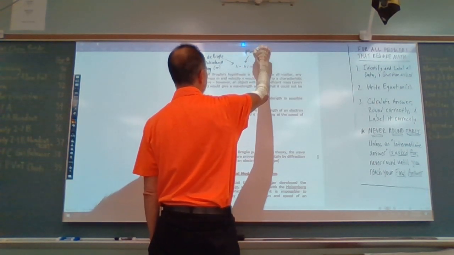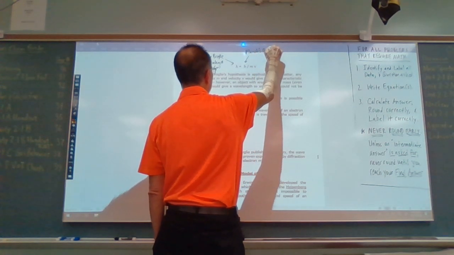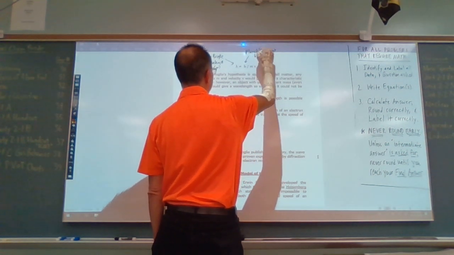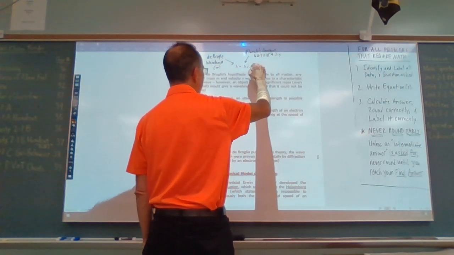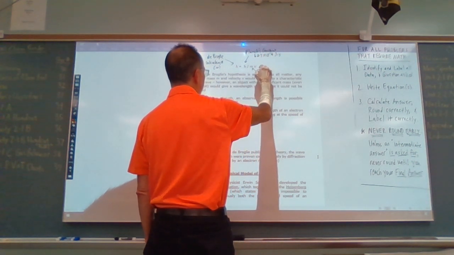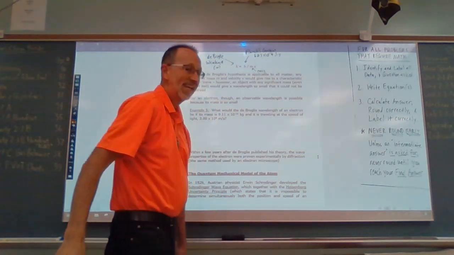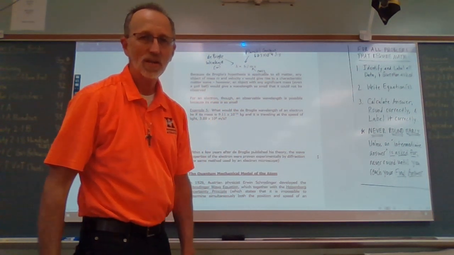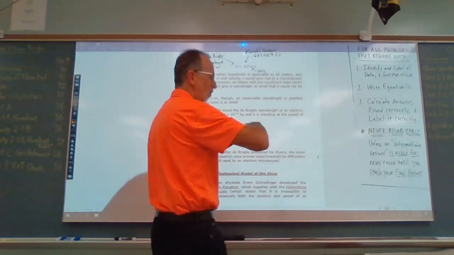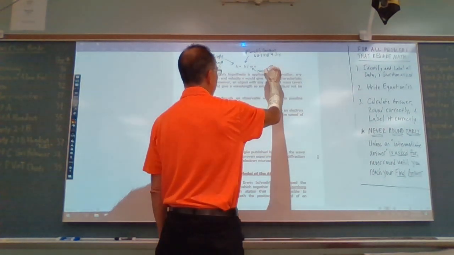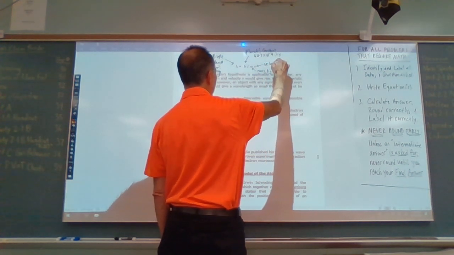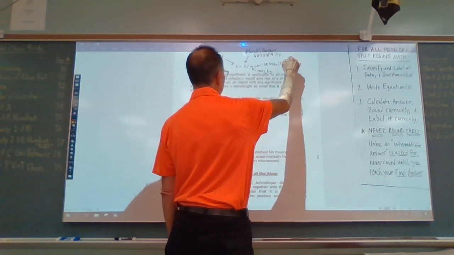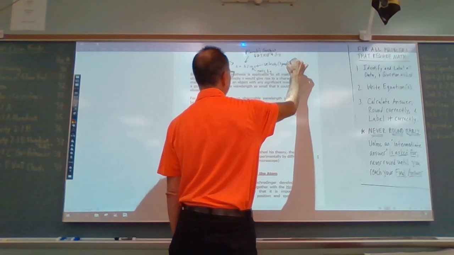We know what that is: 6.63 times 10 to the minus 34 joule seconds. This is our mass, now in kilograms. So this is the SI unit of mass, which must be used here for proper unit analysis. This is our velocity or speed in meters per second.